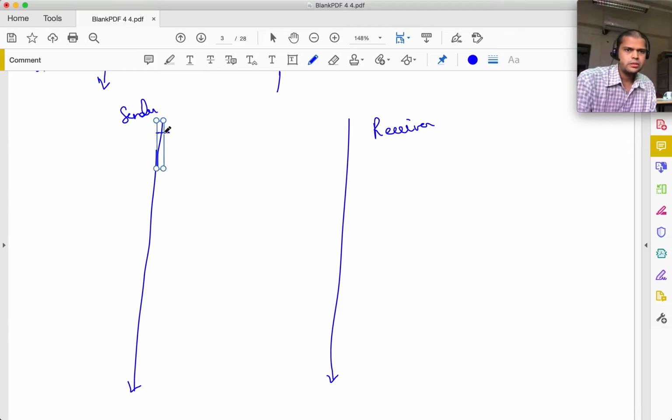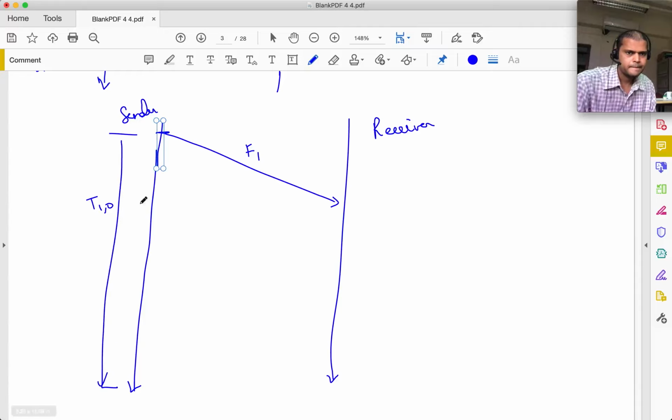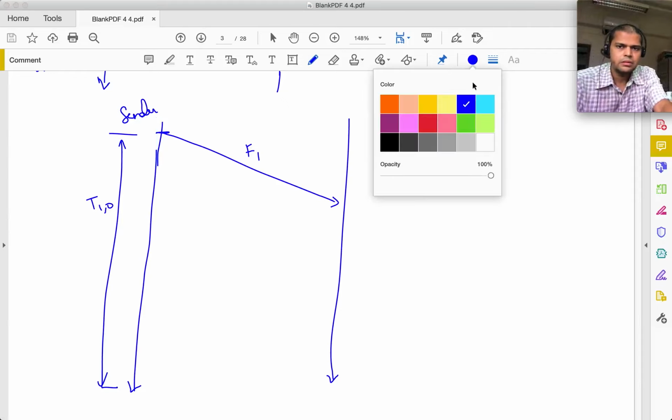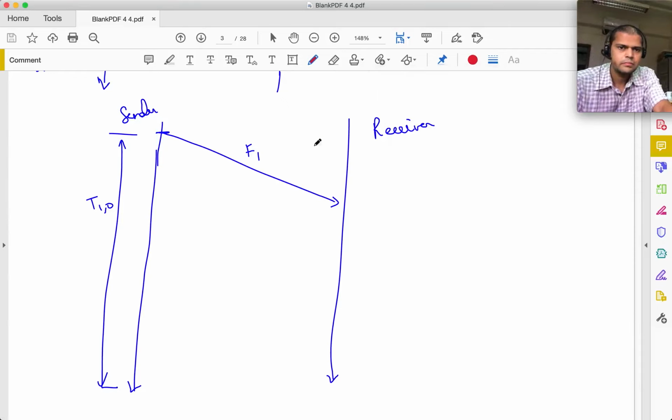So let's say that a particular frame is sent out here and the timer value is set to be extremely large. Let's say something like this. Now let's say due to some reason the frame is lost. So the sender just keeps waiting.